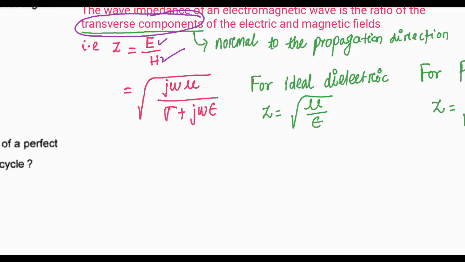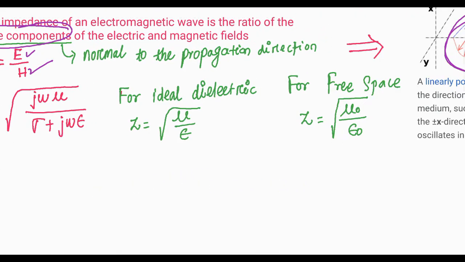So for an ideal dielectric, Z will be equal to the square root of mu by epsilon. If we consider free space to be an ideal dielectric, it will be the square root of mu naught by epsilon naught.